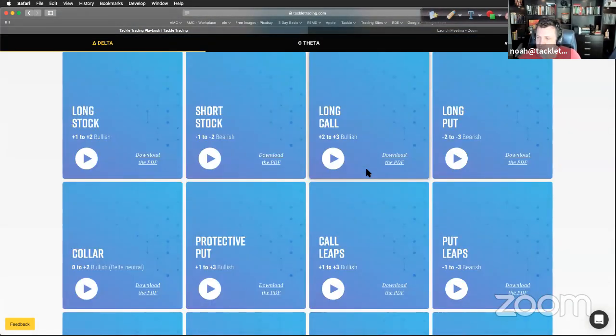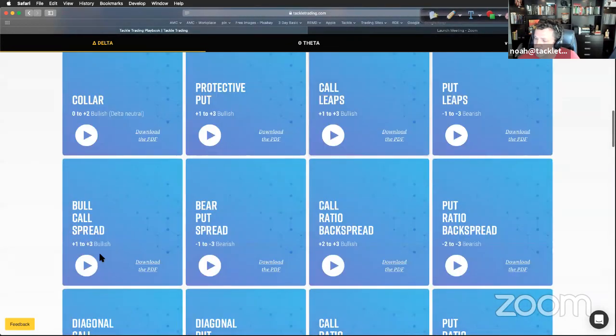And with a setup like this, I'd be comfortable with strategies like long stock. I would probably be comfortable doing a long call. I would probably be comfortable doing a bull call spread. That would be a good strategy that would reduce your cost and get that set up.